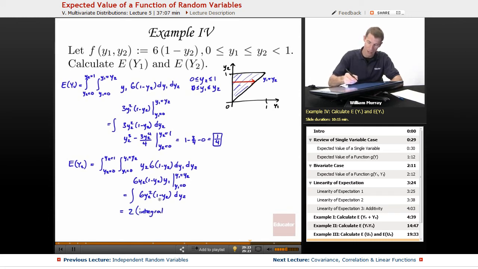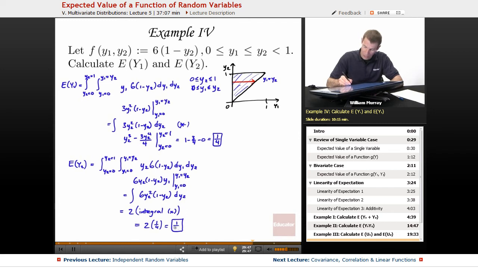Maybe I can flag that here with a star. So this is 2 times integral star. And so if I evaluate that integral, I'll just get 2 times the answer that I got above. So 2 times 1/4 is just 1/2. So that gives me an answer for the expected value of y2 of 1/2.